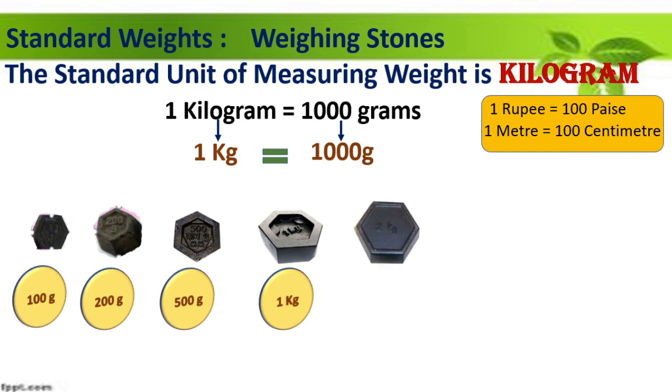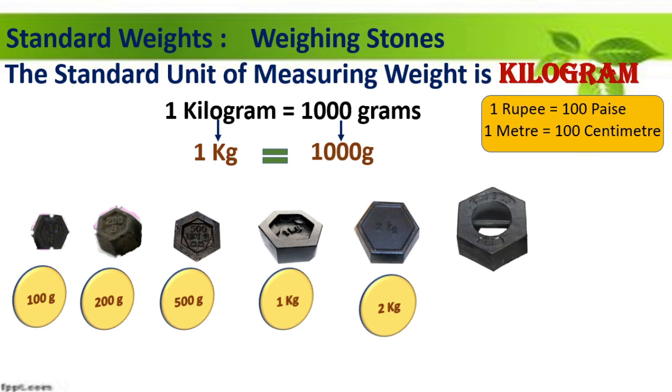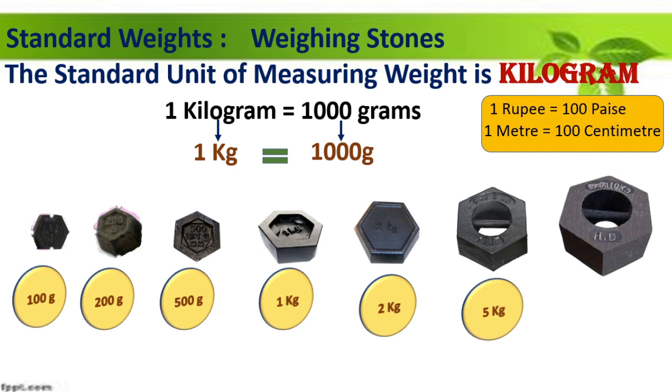This shows 2 kg weight. This is of 5 kg. And this one is of 10 kg. Yes, dear children, these are nothing but standard weights, or we can say weighing stones. We use these stones to measure the given object.